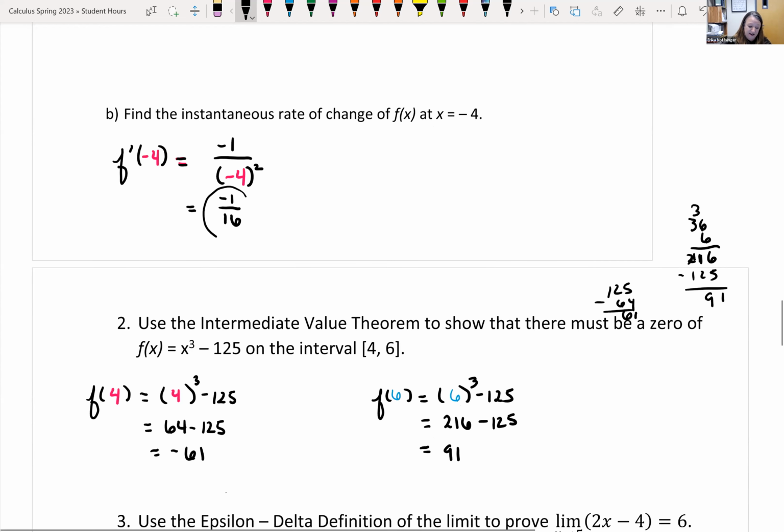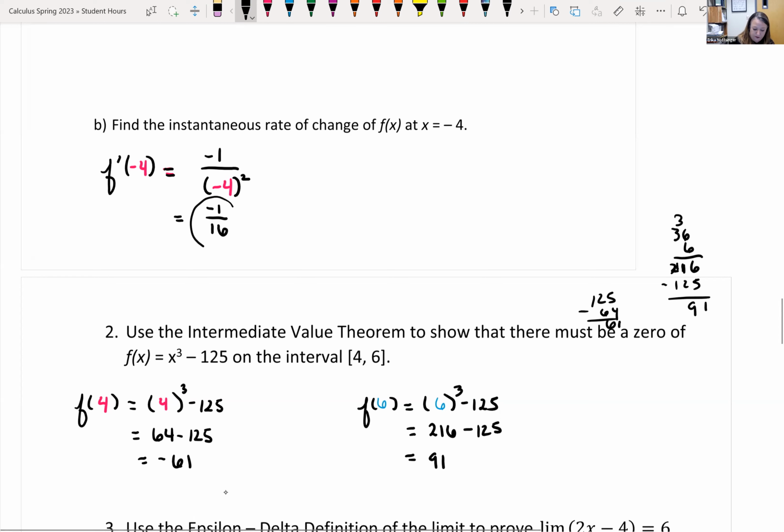So by the intermediate value theorem, IVT, there must be at least 1 zero between x equals 4 and x equals 6.